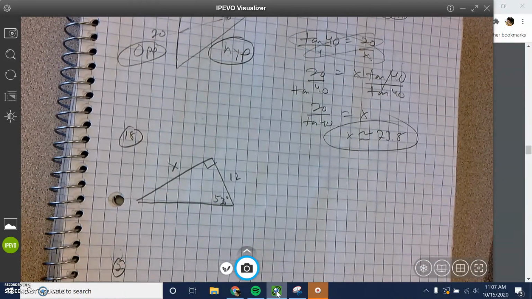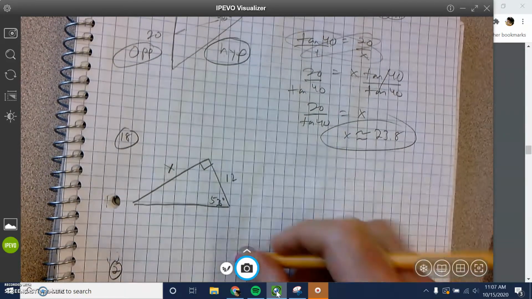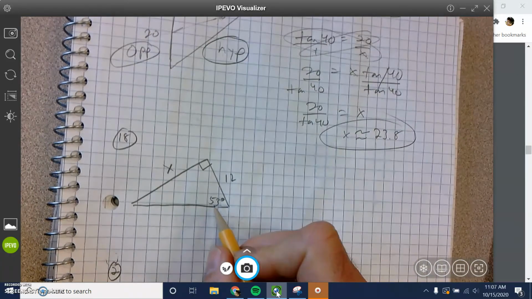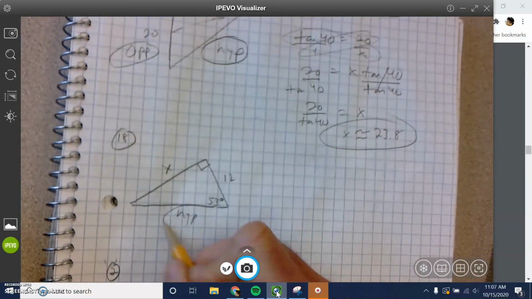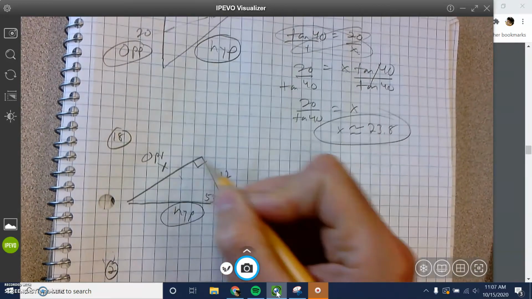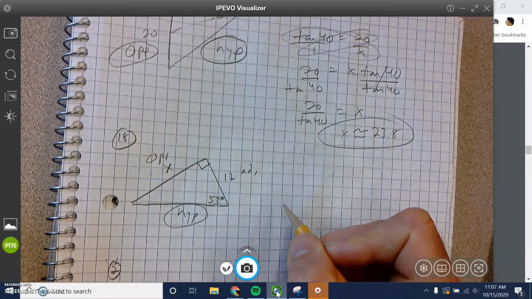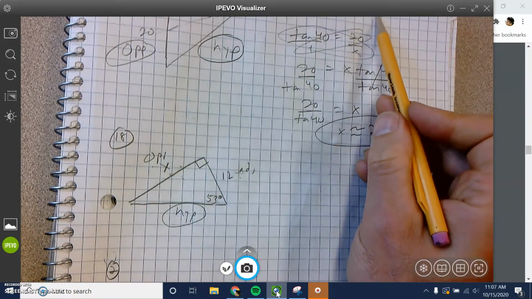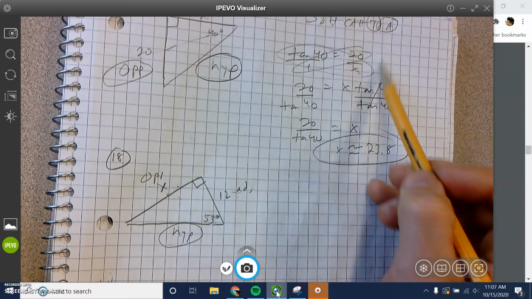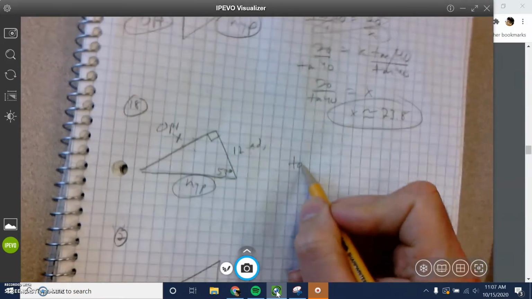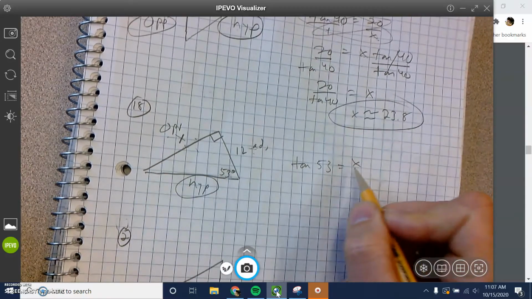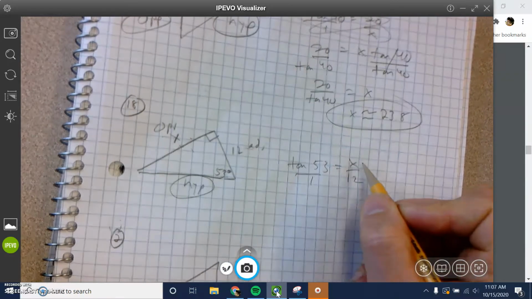Number 18. That's 53, by the way. Sorry. So we have hypotenuse here, opposite here, and we have adjacent. This should be automatic for you at this point. So we have opposite and adjacent again, so that's going to be another tangent. So we have tangent of 53 equals opposite x over adjacent 12.